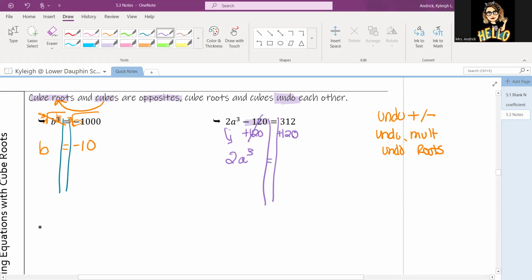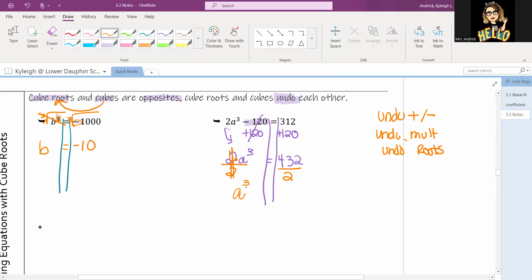And then add those up, do 312 plus 120 in your calculator. Now I have multiplication implied between these. The opposite of multiplication is to divide both sides by whatever's in front to get rid of that.